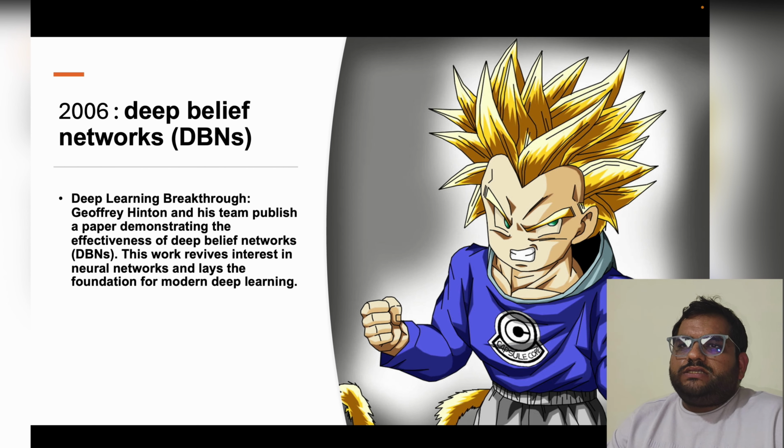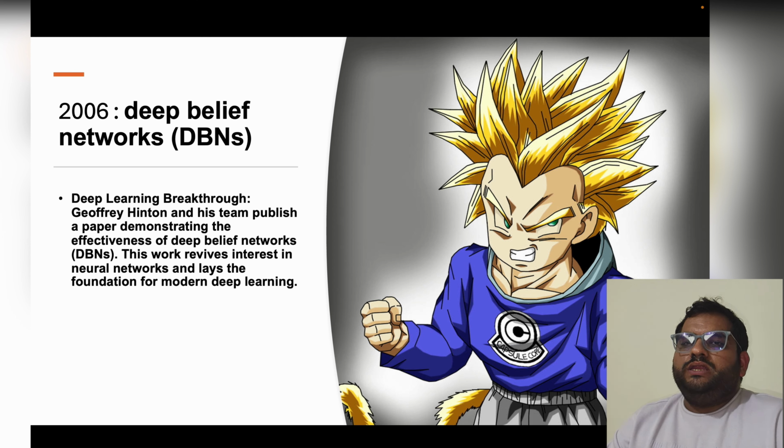Then in 2006 came deep belief networks, DBNs, which was a deep learning breakthrough by Geoffrey Hinton. He published a paper on it, and at that moment AI came back to life.